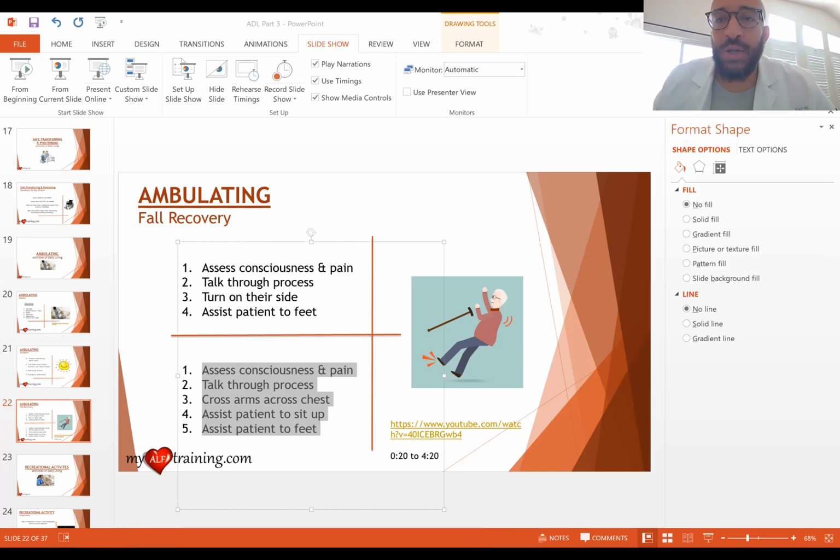This patient has fallen outside in the grass or in the hallway where there aren't any rails. So this is the fall recovery method to use when there isn't anything nearby for the patient to reach and hold on to, and you need to help them get up. And there isn't anyone around.